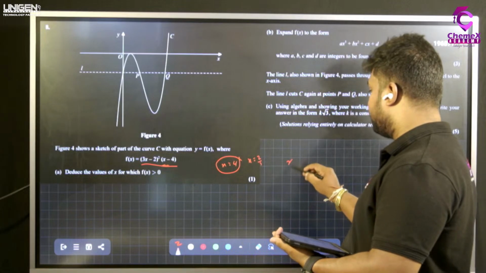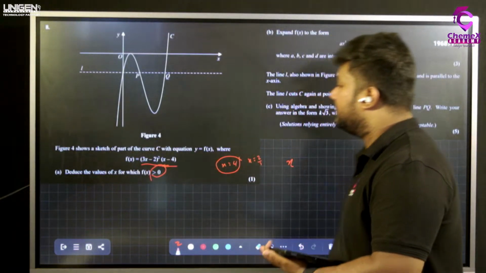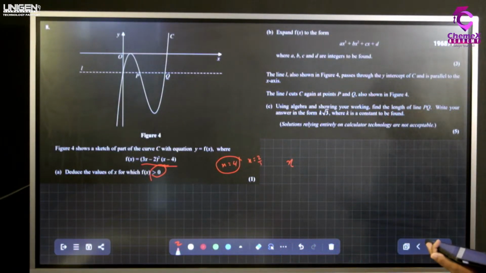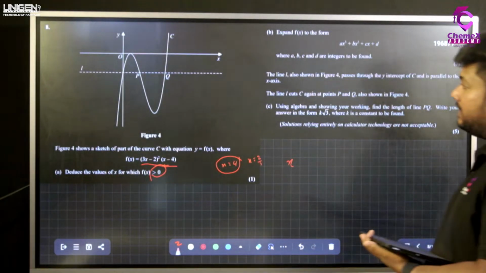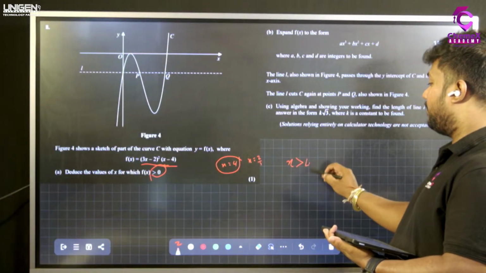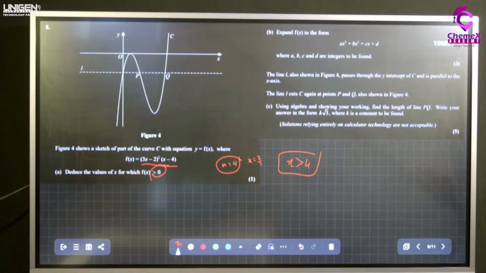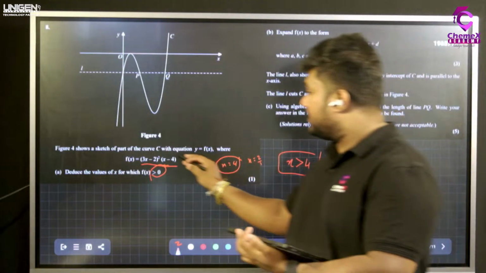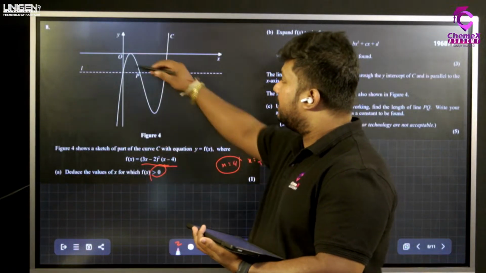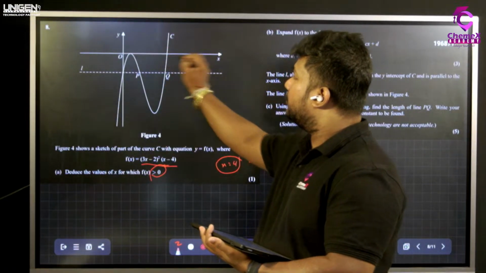X larger than 0, it should be larger than 4. Why? Because there should be a positive value. When you put larger than 4 only, it will be a positive value when you multiply. So more than 4.